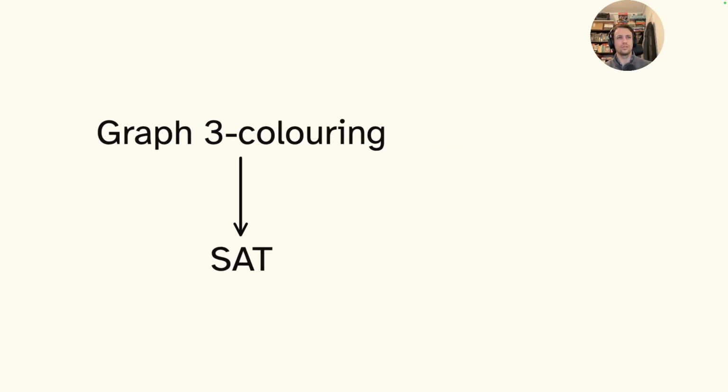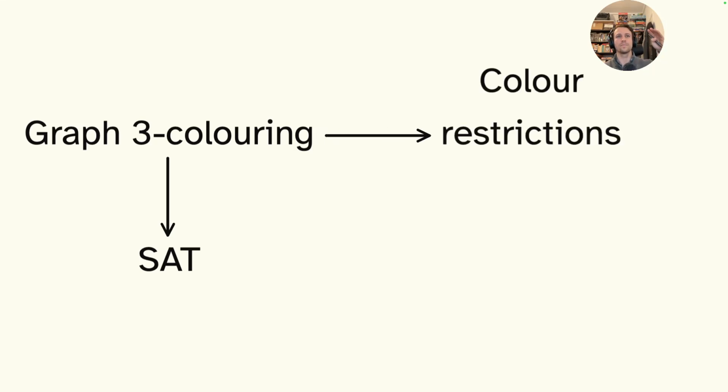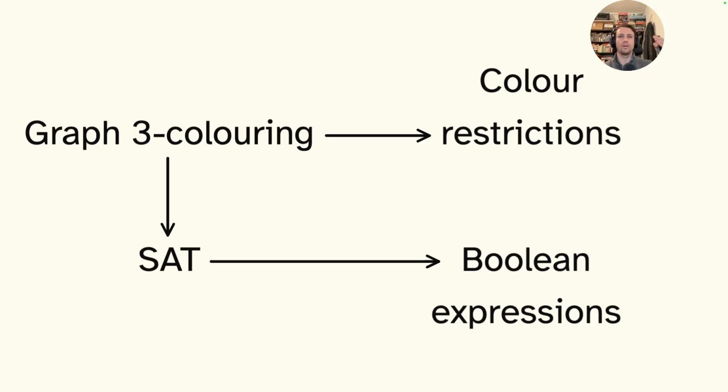What we want to do is take the graph 3-coloring problem and think about the color restrictions that make up the problem. And a SAT problem really is just about Boolean expressions, finding assignments that satisfy Boolean expressions. So what we want to do is turn these color restrictions into equivalent Boolean expressions. This is our goal.